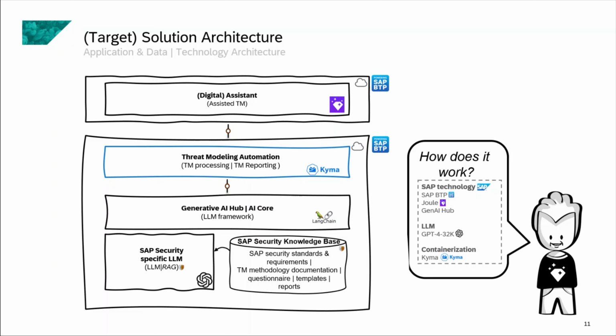We are currently developing a RAG to extend the general purpose LLM knowledge base with SAP security specific content, including security standards, requirements, threat modeling documentation, and others. And we operate on SAP BTP platform, guaranteeing scalability and adherence to SAP data governance standards.